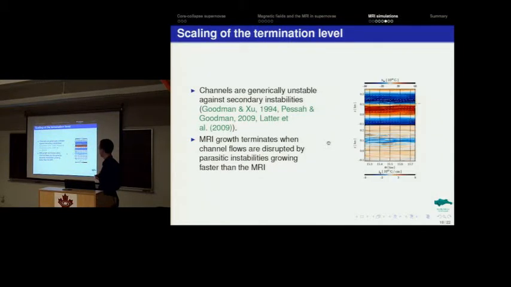Now, this is how it looks in our simulations. The initial state is a pair of those channel flows, upflows and downflows, plotted as radius versus z. Here in the lower half is the current density, and here the radial magnetic field.